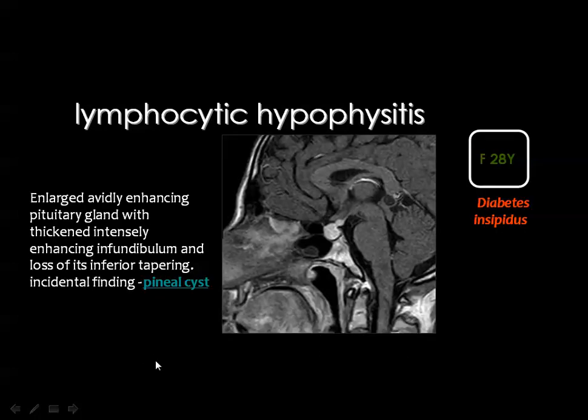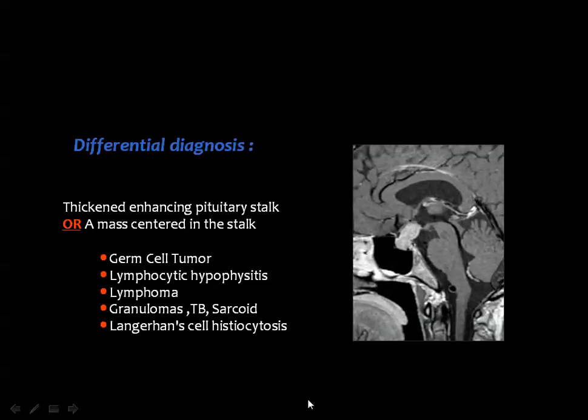This is also lymphocytic hypophysitis, and you see enlargement of the pituitary gland, thickening of the stalk, and both are diffusely enhancing. Also, you see in this region a pineal cyst. I hope you remember that this is an incidental finding.